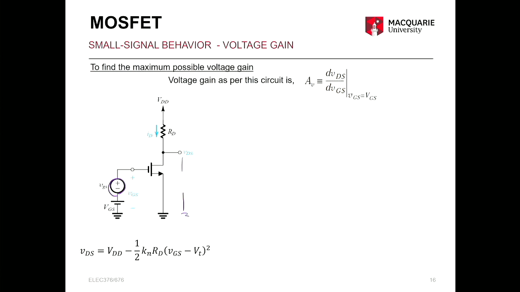The voltage amplification factor AV is delta VDS divided by delta VGS. In the limiting case, this goes as the derivative of VDS with respect to VGS.